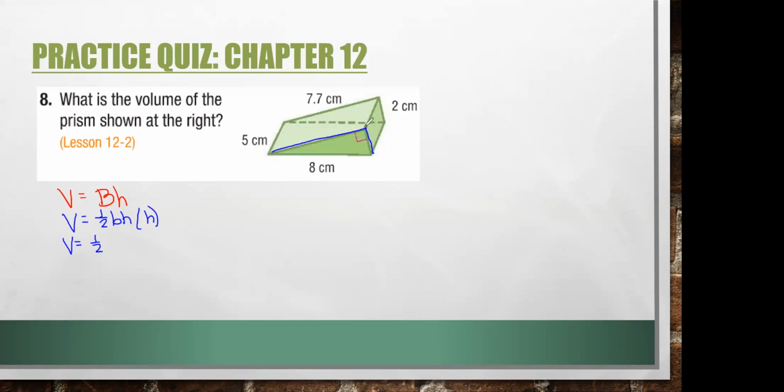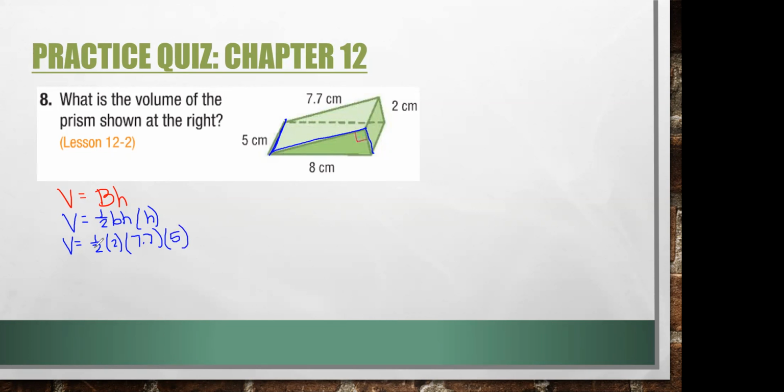So the base of the triangle would be 2. And then the height of the triangle is over here, which is the 7 7/10. And then the height of the prism is going to be this here, the 8. No, the height of the prism, sorry, is this over here, the 5.